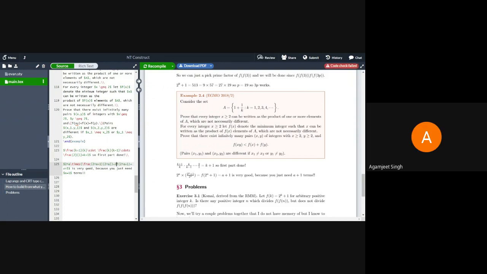Oh, okay. They can't be distinct. They're not necessarily distinct. Yes, so this is very good.